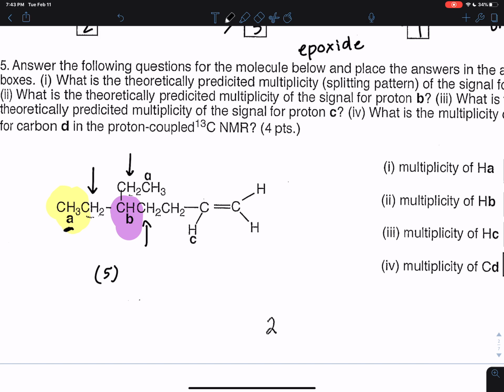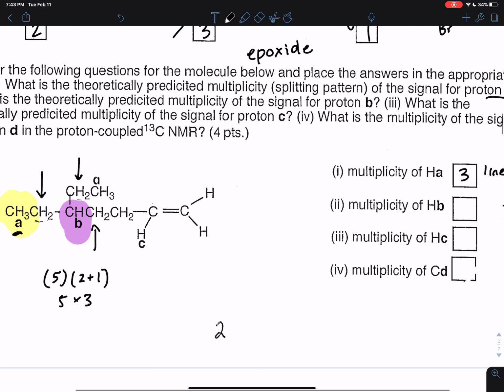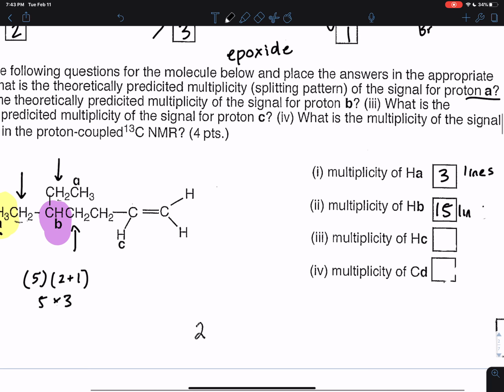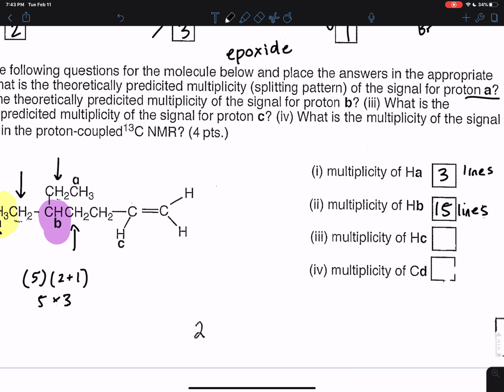Perfect. Then we look to the other side. We have another CH2, but is that CH2 the same as the others? It's different. So we write 2 plus 1, and that's 3. 3 times 5, 15. So we're going to put 15 lines.